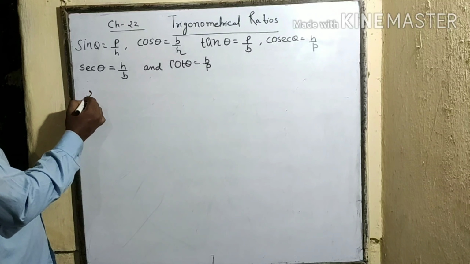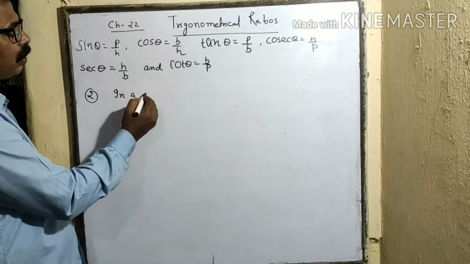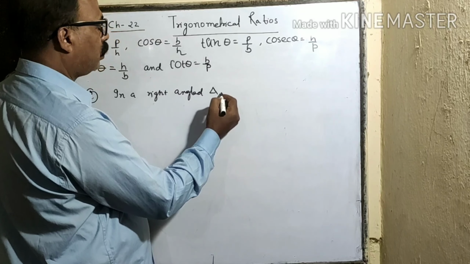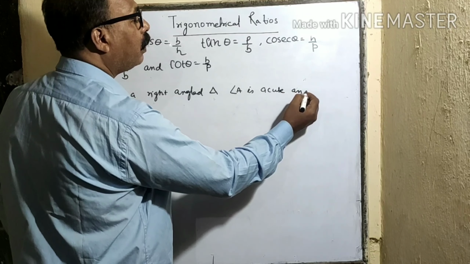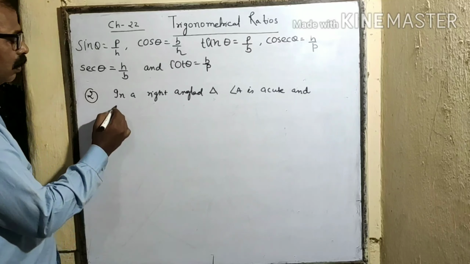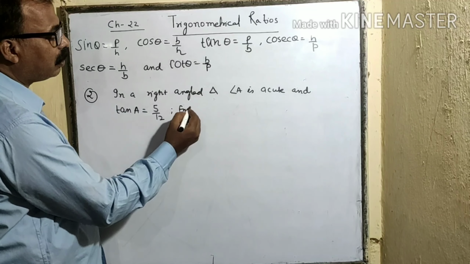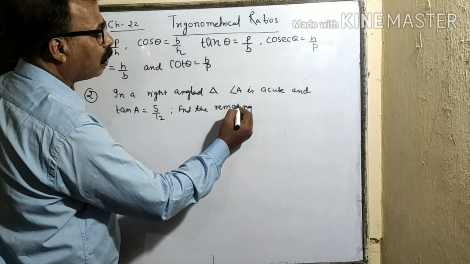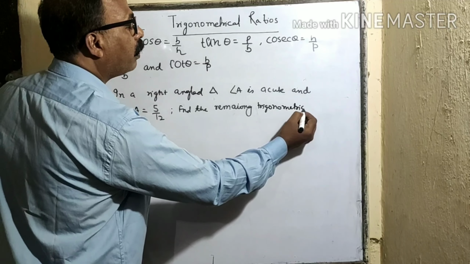Now the second type of question: in a right angled triangle, angle A is acute and tan A is equal to 5 by 12, then find the remaining trigonometrical ratios.